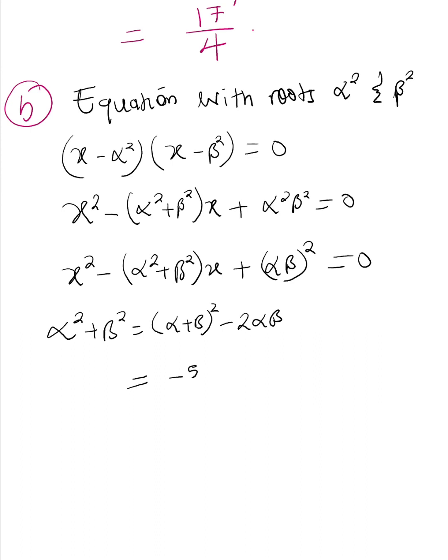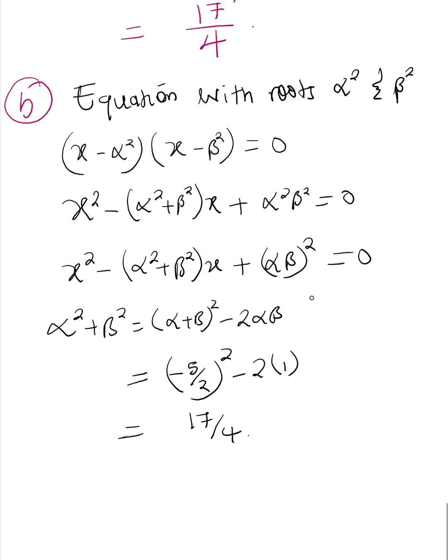This is negative 5 over 2 squared minus 2 multiplied by 1, and this gave us 17 over 4. On the other hand, alpha beta is equal to 1, so the square is just 1.